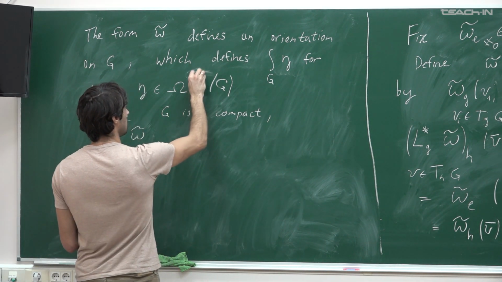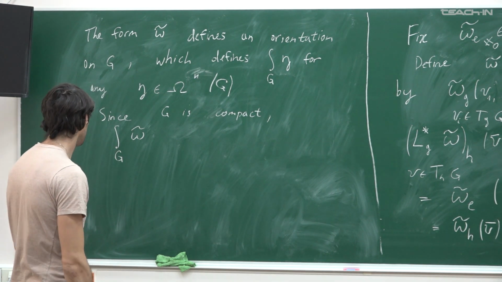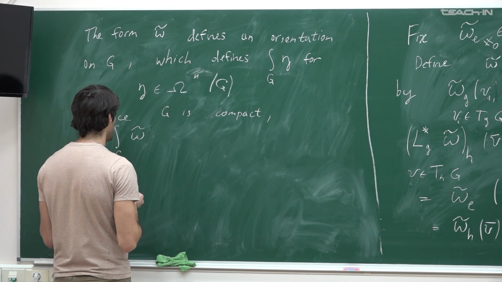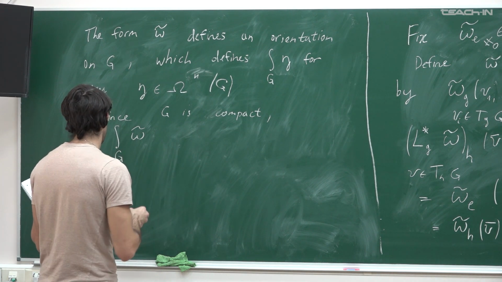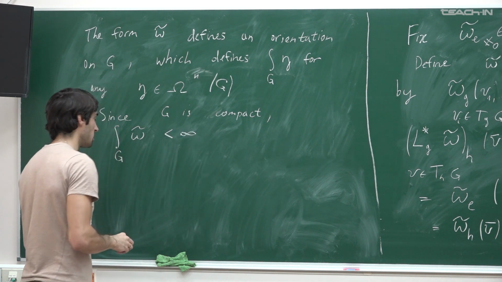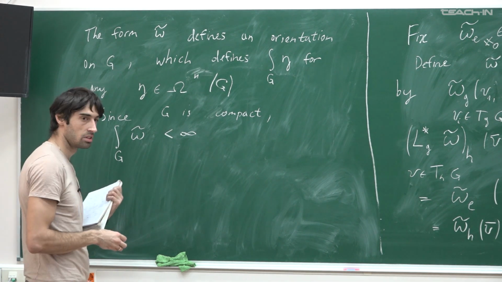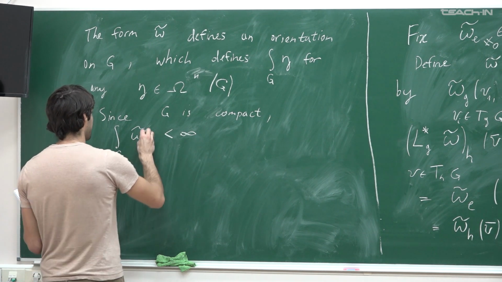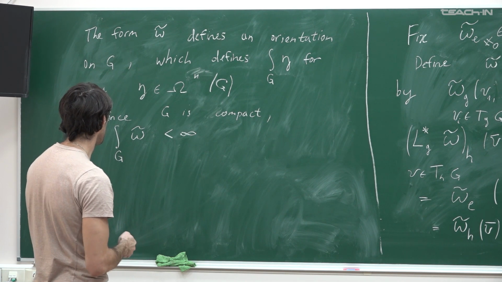Since I already fixed this notation, that n is the dimension of G. Okay. So, all right. I claim that this thing is finite. Sorry, less than infinity. It just follows from the fact that G is compact.